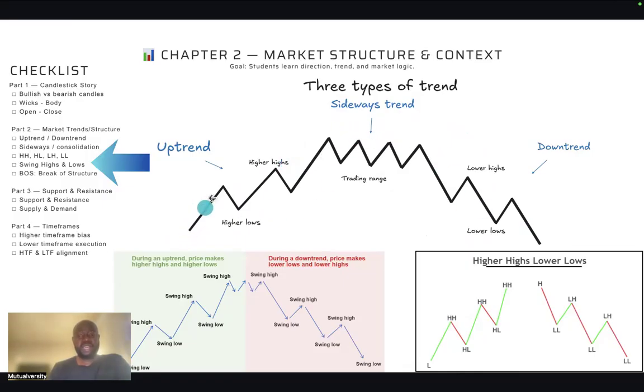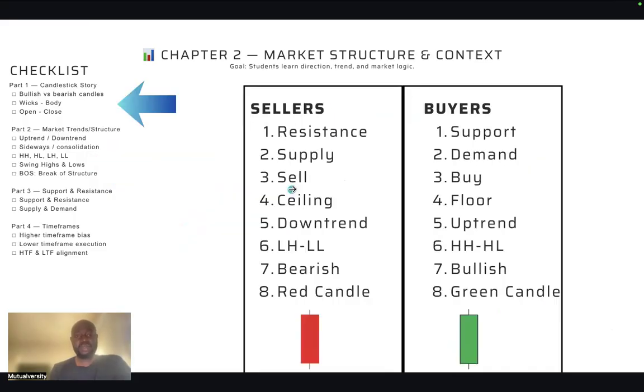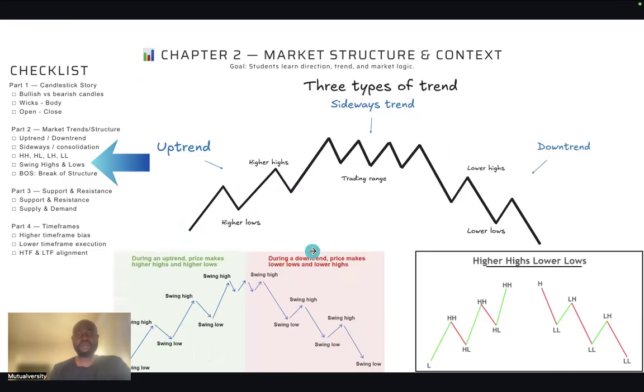When it moves in an uptrend, you always have higher highs and higher lows. So remember: uptrend for buyers, higher highs, higher lows. Downtrend for sellers, lower highs and lower lows.